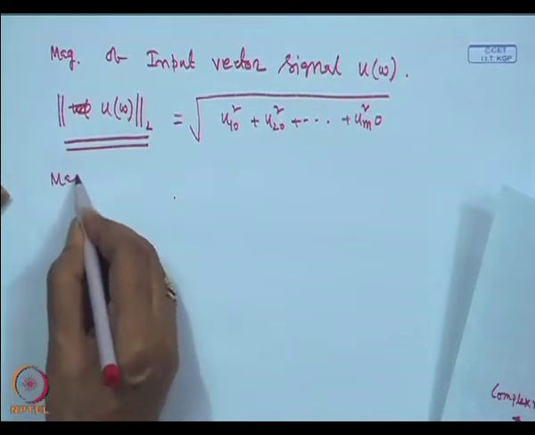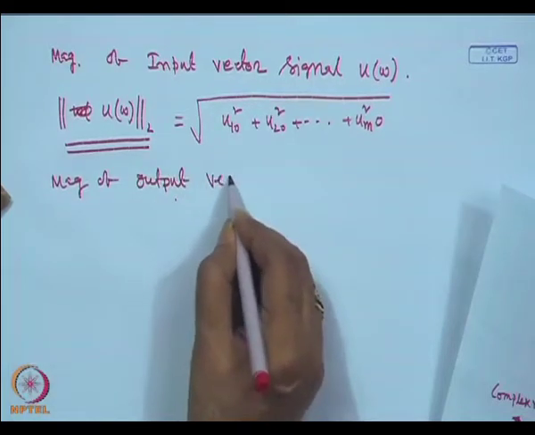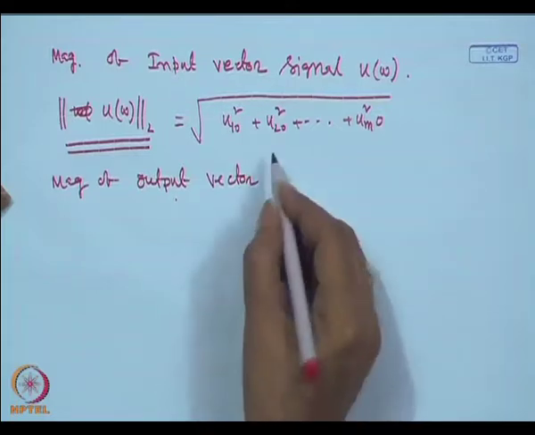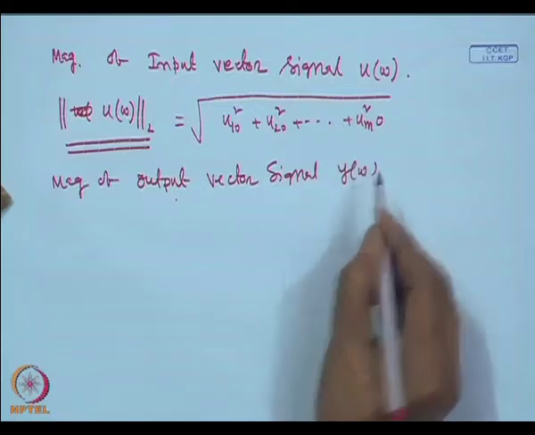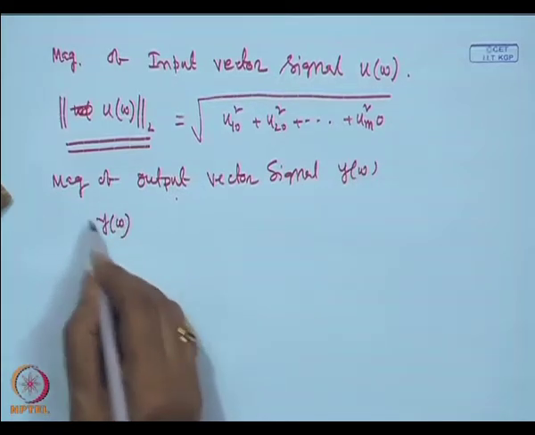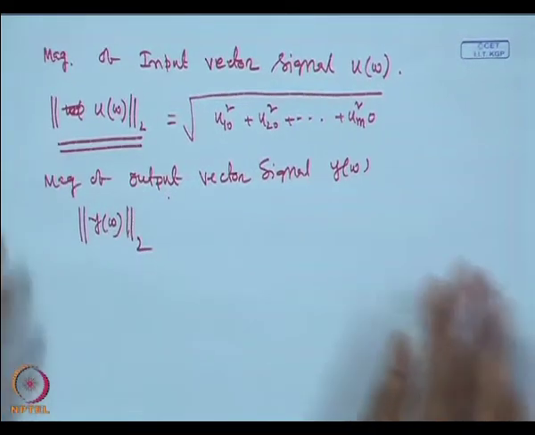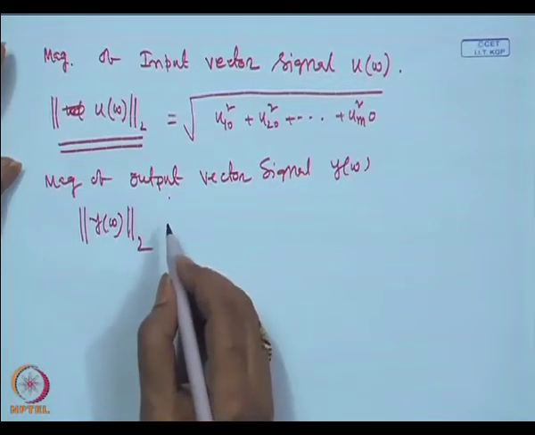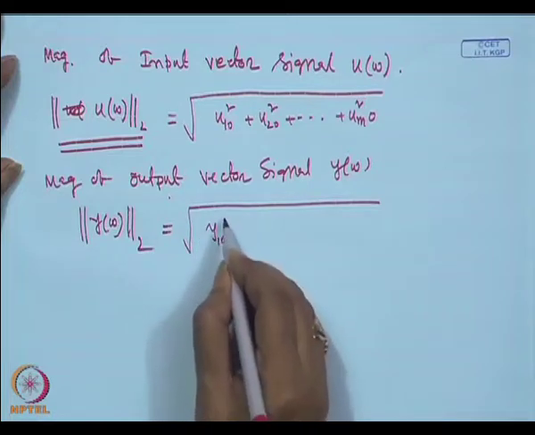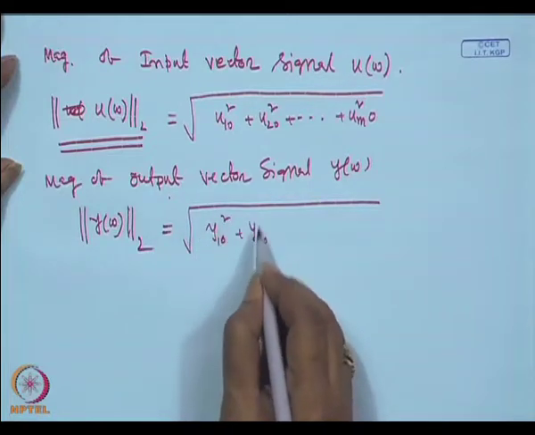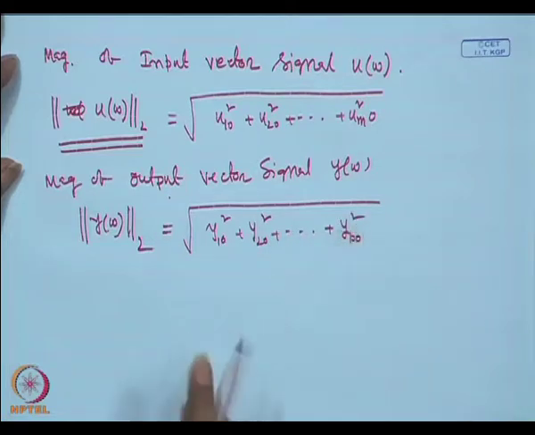Similarly, the magnitude of the output vector signal y of w is the Euclidean norm, the two-norm, equal to the square root of y1(0) square plus y2(0) square plus dot dot y p(0) square.